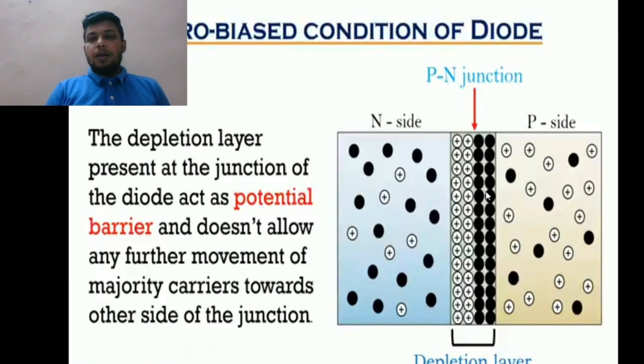Here the holes and the electrons are present due to thermal excitation. The electrons from the N side combine with the holes from the P side and accumulate at the junction of the diode. Here we can see the holes and the electrons accumulated.